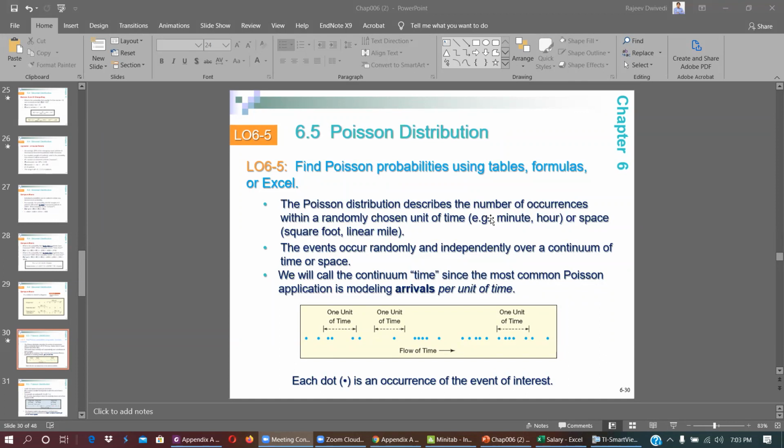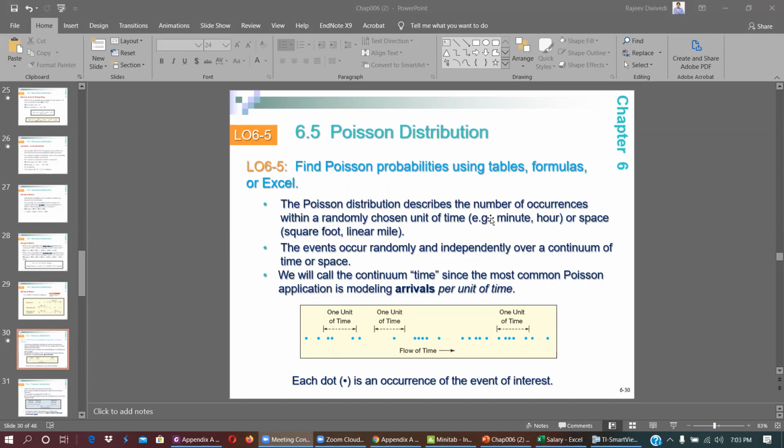Number of occurrences within a randomly chosen unit of time, minute, hour, week, month, or a space, square foot, linear mile. So the events occur randomly, independently, over a continuum of time or space.